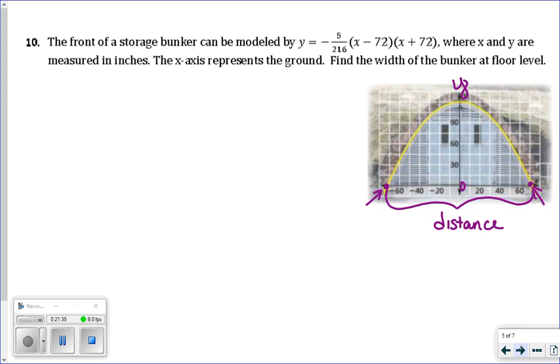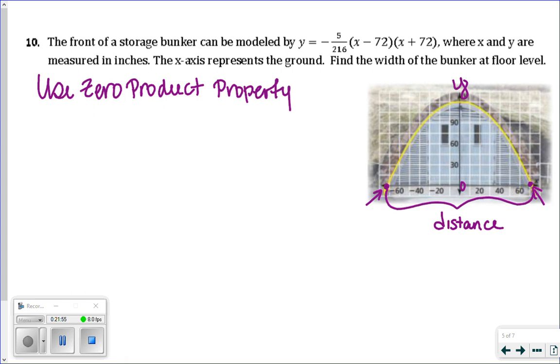All right, so what we're going to do is use the zero product property to our advantage. Again, if I write it down, you'd write it down. Use the zero product property to solve for x.